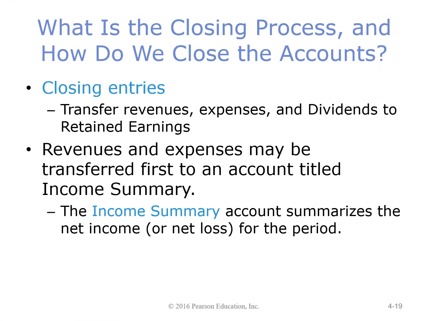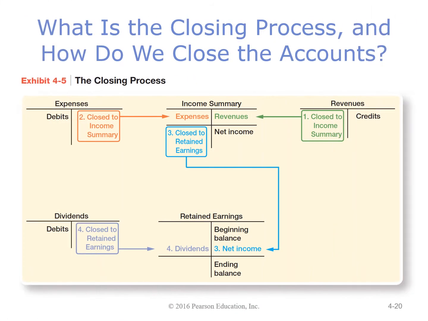The closing entry transfers revenue, expenses, and dividends to the retained earnings. Revenue and expenses may be transferred first to an account titled income summary, and then the income summary summarizes the net income for the period into the retained earnings. For example, here we know that the normal balance for expenses is debit.